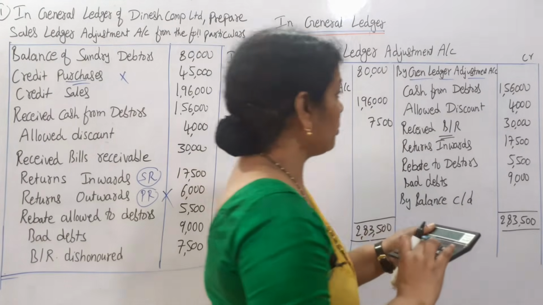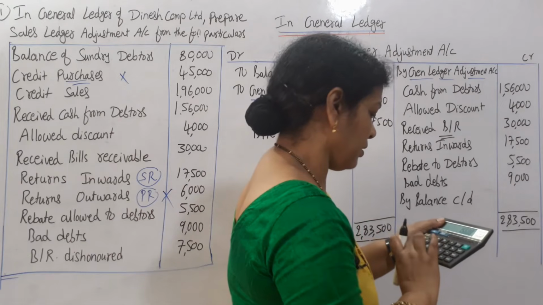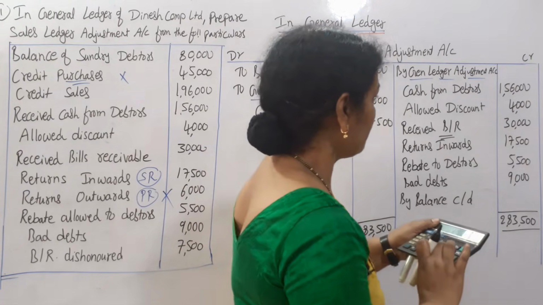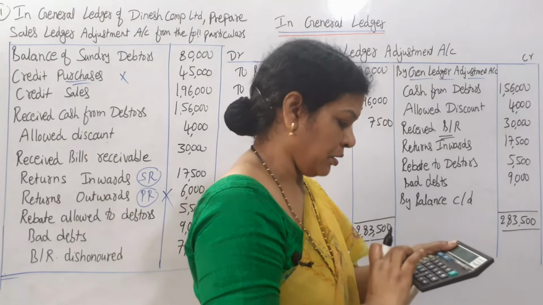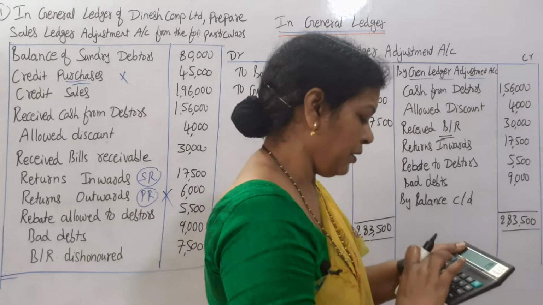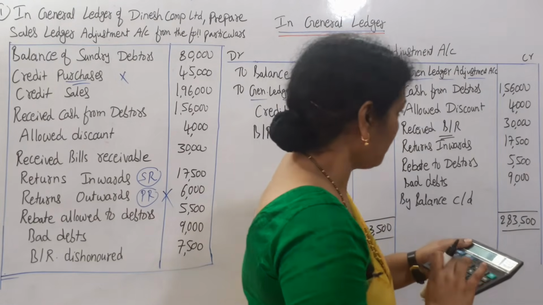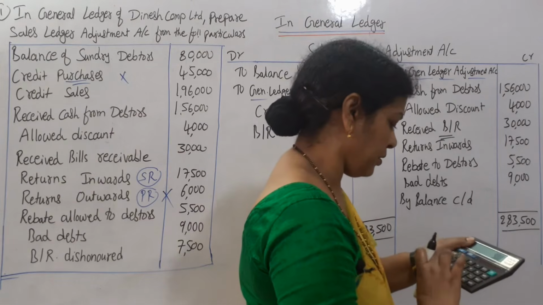Now 2,83,500 minus 1,56,000 minus 30,000 plus 4,000, that is 34,000, right? 34,000 minus 17,500 minus 5,500 minus 9,000.